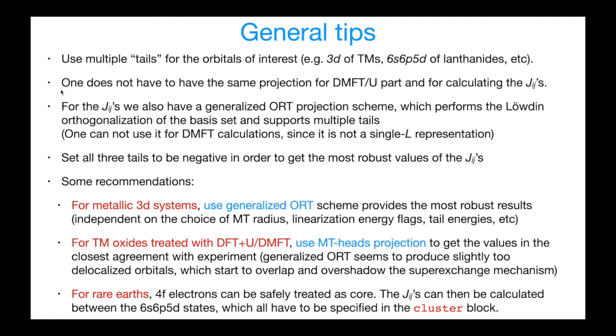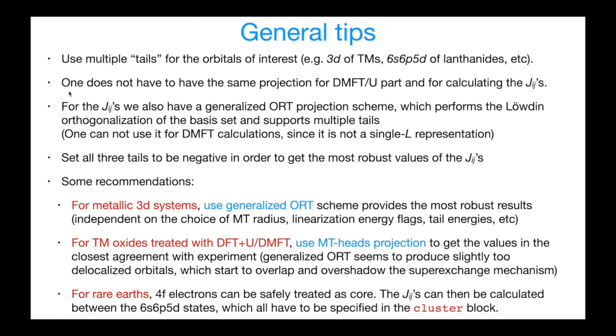You, in principle, don't have to use the same projection that you use for the MFT part and for calculating the JIJs. The most important thing is that the self-energy file, when it's read, is properly projected. So you shouldn't modify the projection which is used by the MFT part, but instead in the JIJ block you can use another projection.